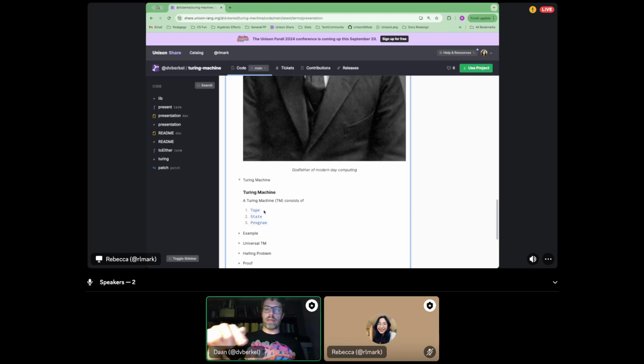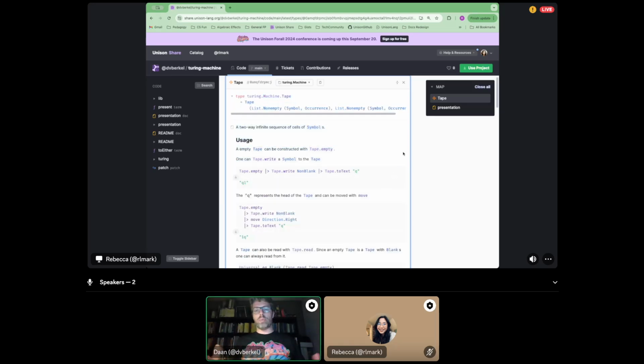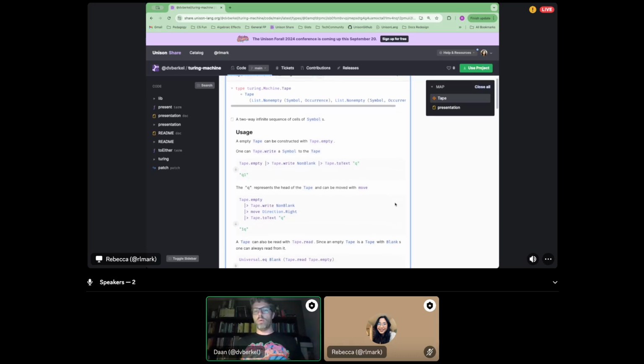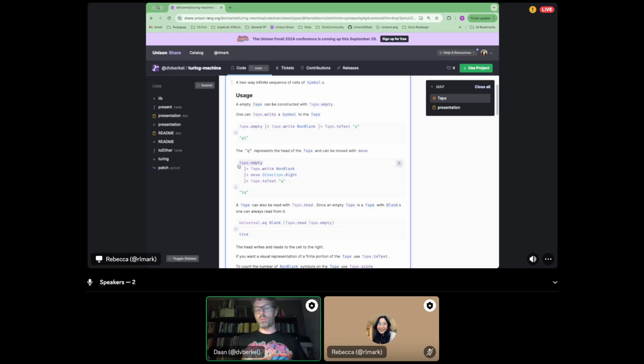And Rebecca, if you could click on the tape and go to the definition and show the full documentation of that. Basically, a tape is a double infinite sequence of cells which contain symbols. And for the Turing machines that we're looking at today, these symbols are only a blank symbol or a non-blank symbol, and those are represented by either a 0 and a 1.